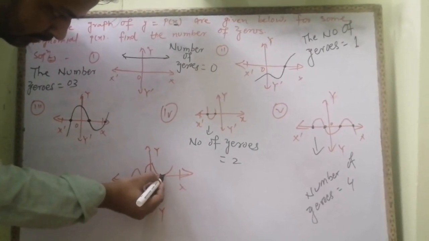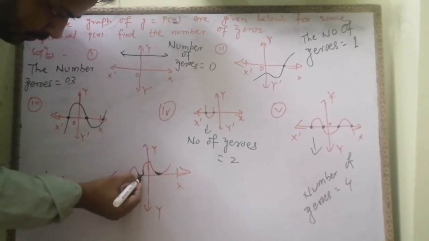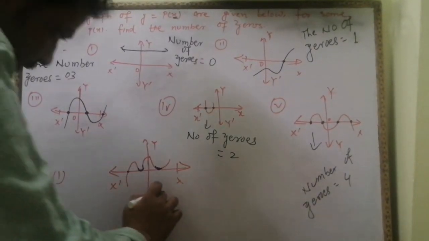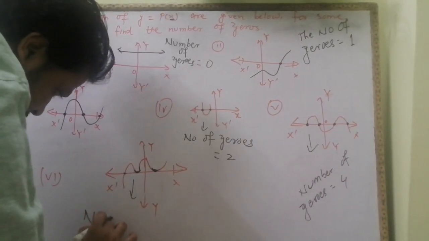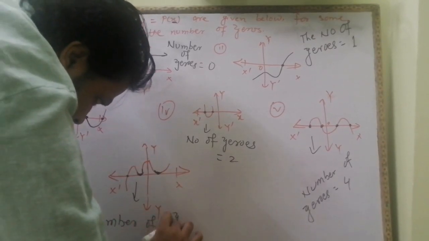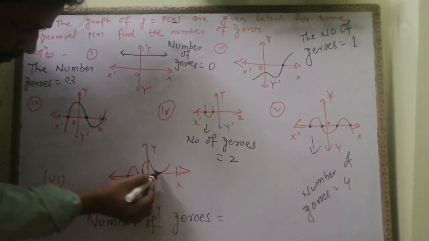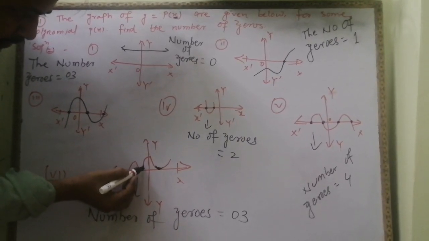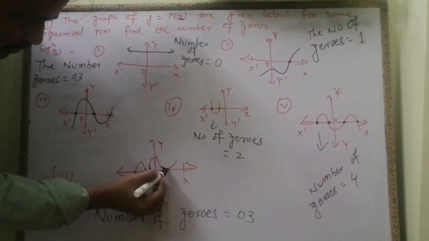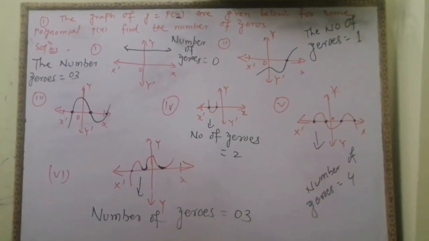It is not cut by the x-axis, so I count it as 1 point each. So in this case, the number of zeros is equal to, how many zeros are there? 1, 2, 3. Why 3? It is not cut by the x-axis, it only touches. If the graph touches the x-axis, count it as 1, not more than 1.